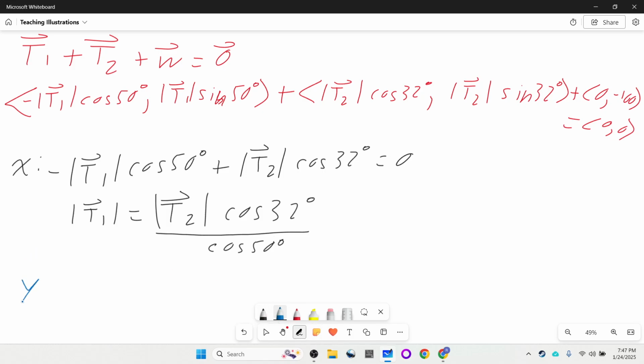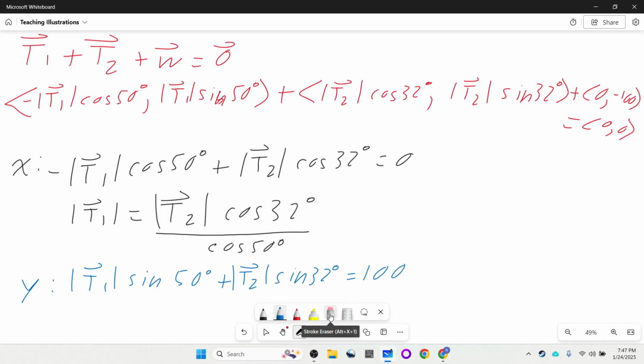The y equation would be t1 sine 50 plus length of t2 sine 32 plus negative 100 is 0, so I'll just call that equals 100, save us a step. And then we can plug this in right here.